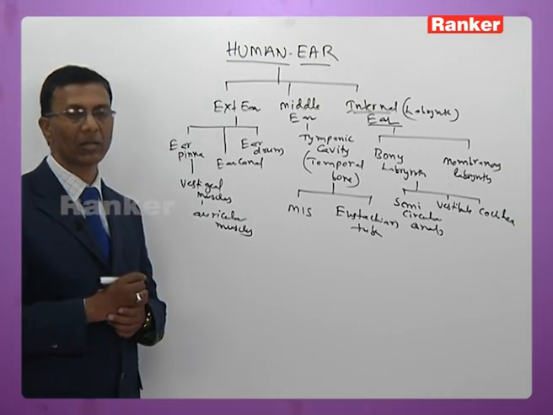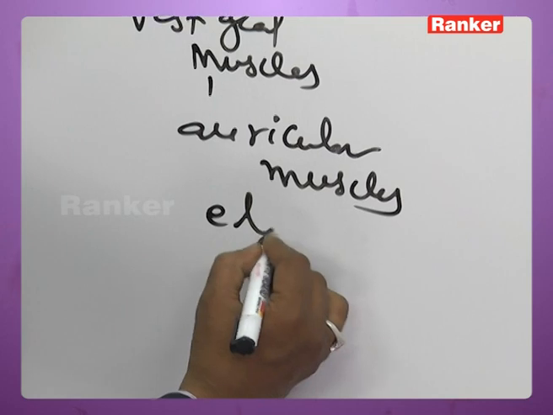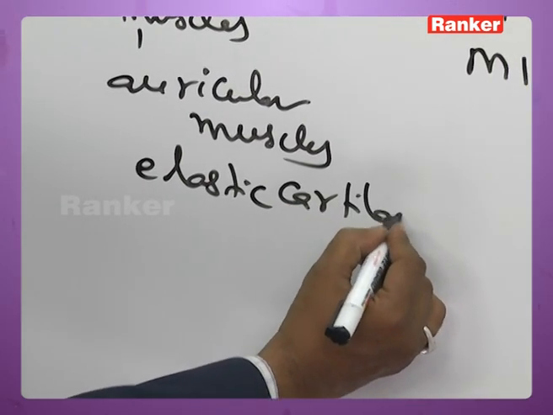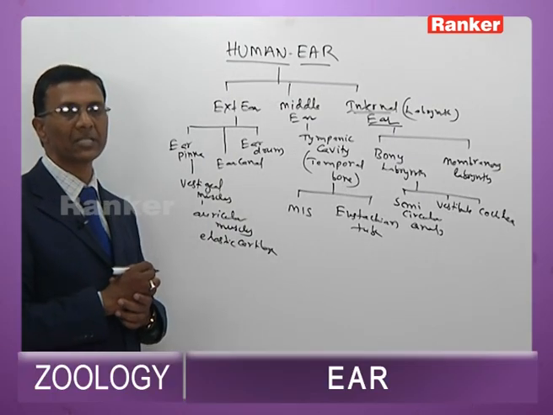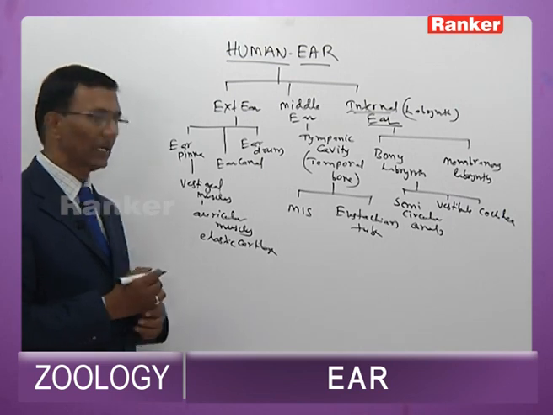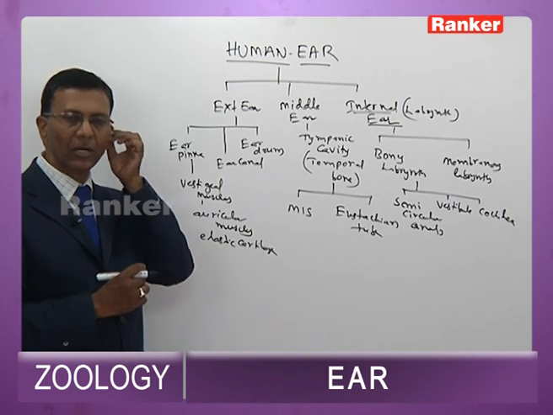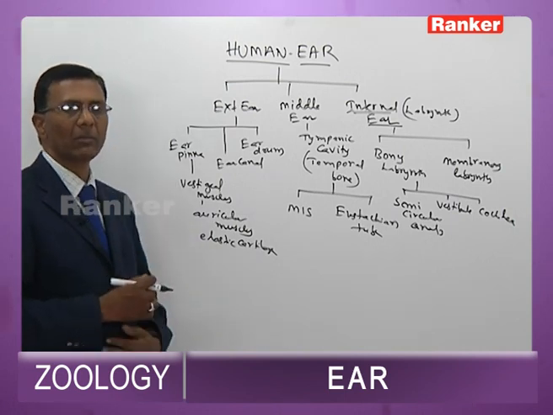The muscles of the ear pinna are called auricular muscles. They are vestigial, and apart from the muscles, it is also made up of elastic cartilage. It is covered by outer skin, and internally it has elastic cartilage and auricular muscles.